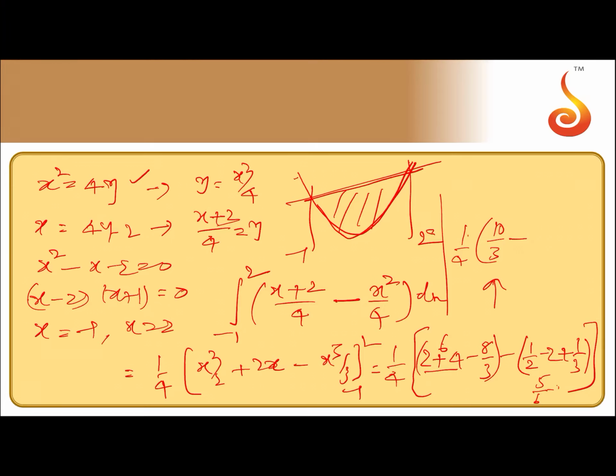So 3 plus 2, 5 by 6, minus 2, 12, minus 5, minus 7, plus 7 by 6. 20 plus 7, 27 by 6, right? So 27 divided by 4 multiplied by 6, and 3 2s and 3 9s. So 9 by 8 is the answer. So the answer is 9 by 8.